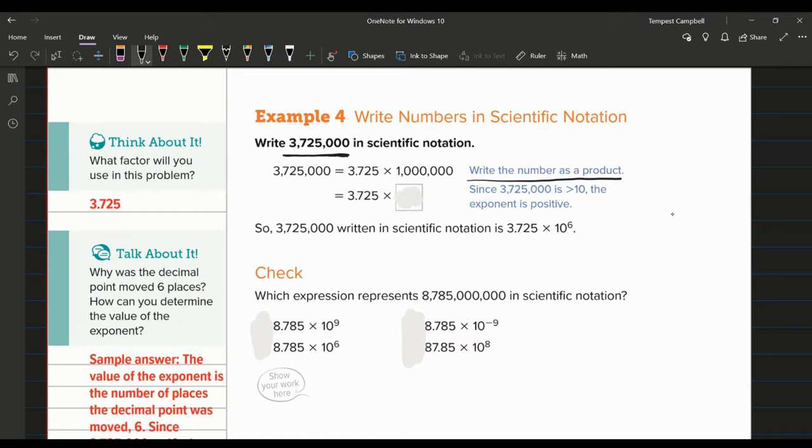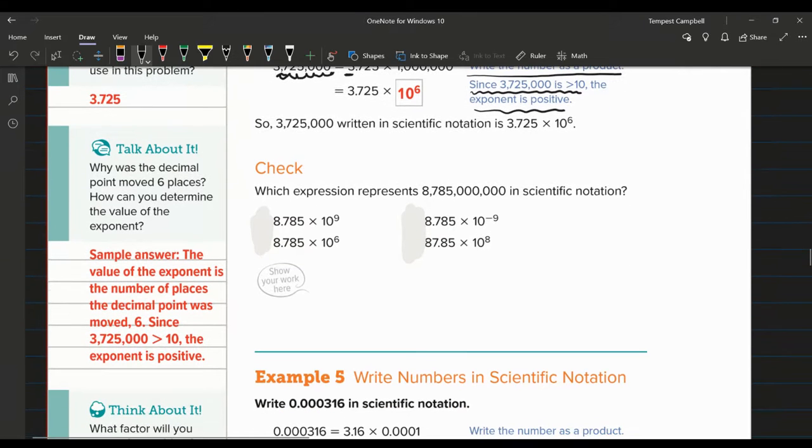So we made it so we had our factor less than 10, right? Since our number is greater than 10, the exponent is positive. So that tells us we have times 10 to the power of 6. So we start with our decimal here. We go 1, 2, 3, 4, 5, 6.